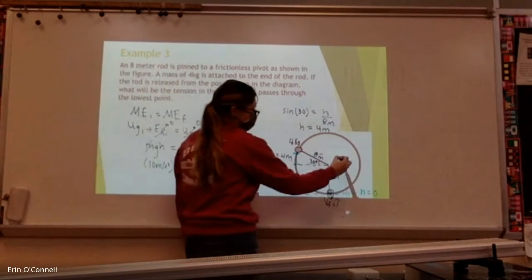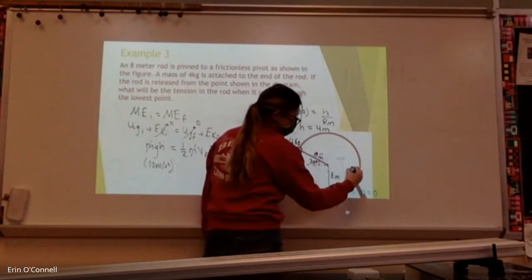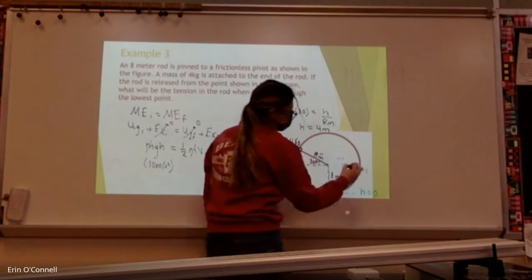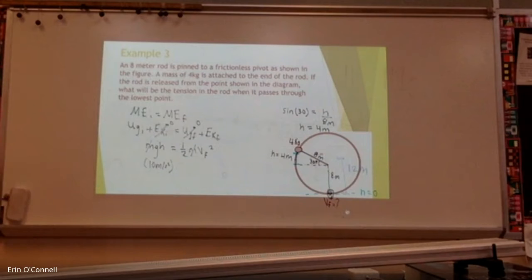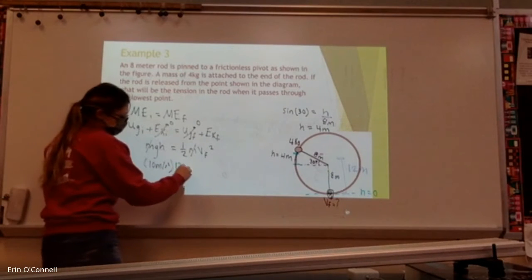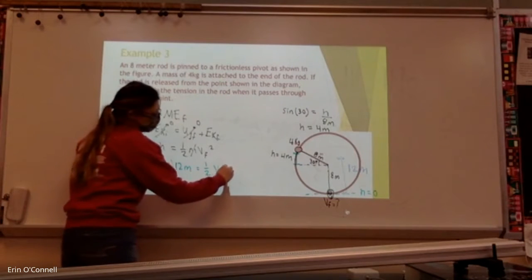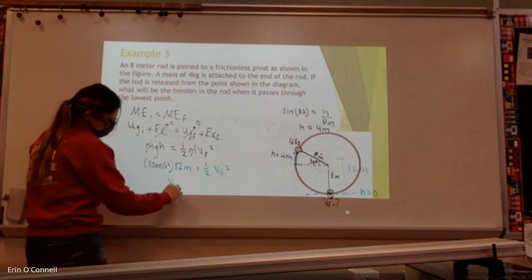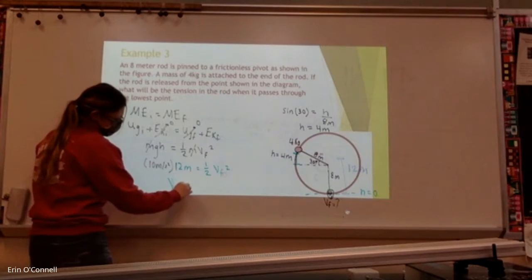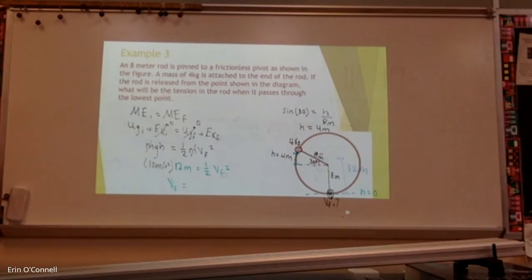So the initial height compared to the 0 line will be 12 meters. So I have 10 meters per second squared times 12 meters, equal to 1/2 times the final velocity squared. So you get 120 times 2, I get 240.